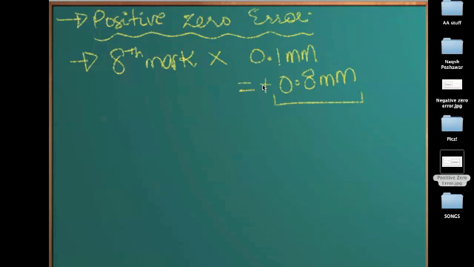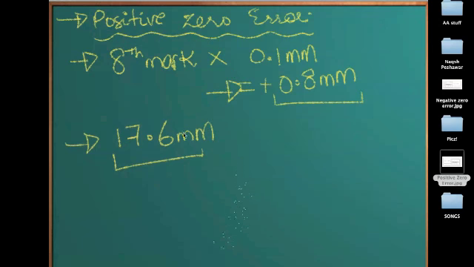Now, for example, if I get a reading on the Vernier scale, using the method we have seen, and I get an answer of 17.6 millimeters as my final answer, with this zero error, this reading is 0.8 millimeters more than the original reading.